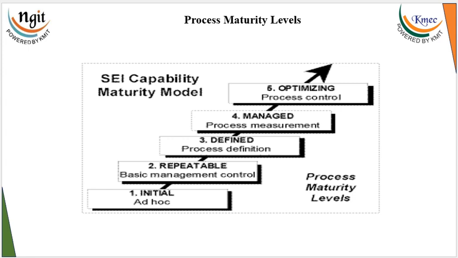Continuous improvement depends on the requirements of the customer as per the market requirements, and with optimization, you can always remove unnecessary information and functions, or rather, you can always focus on improving the performance of your software. So these are the basic process maturity levels that are taken into consideration.